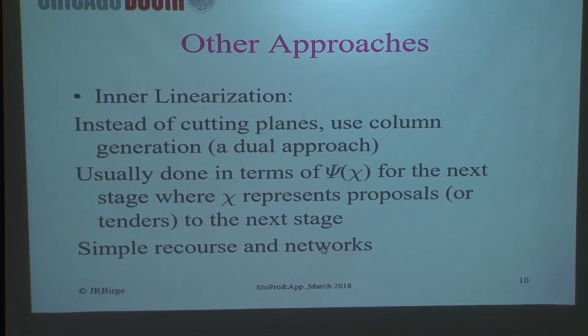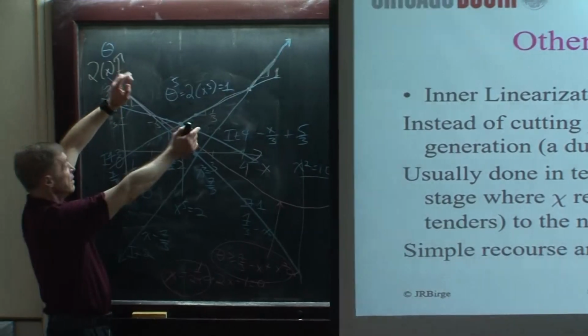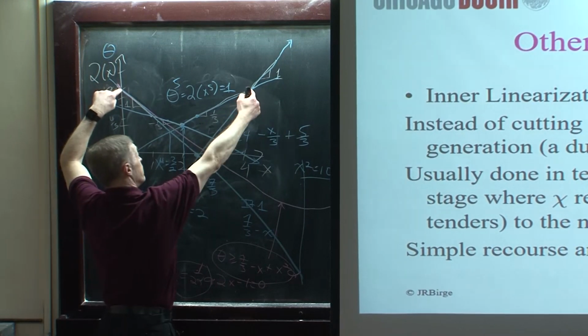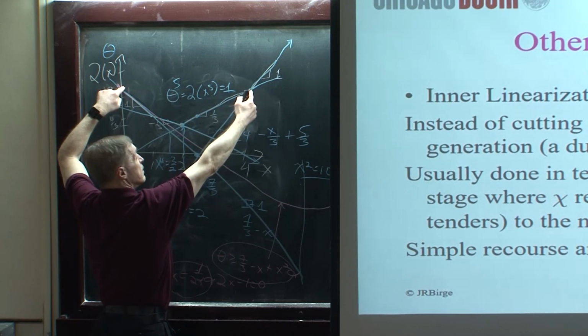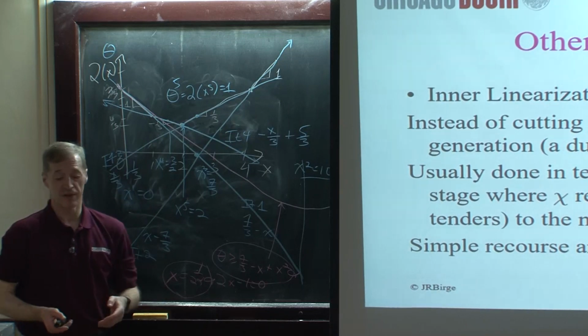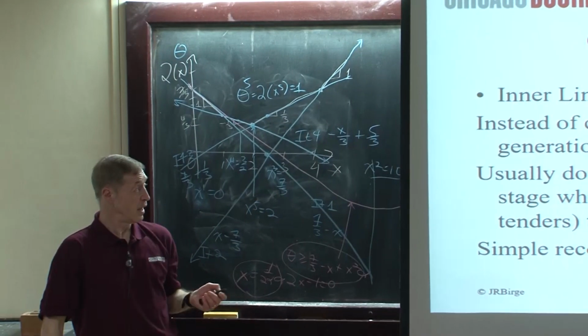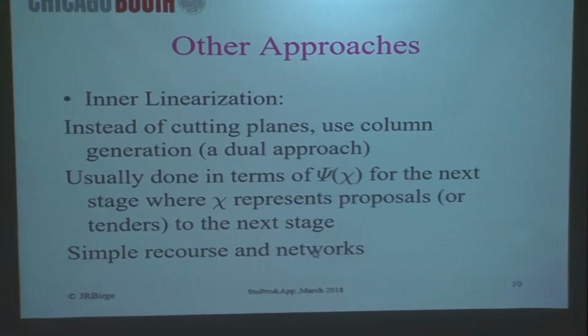I could do the opposite, and I could just start on the inside. I could just start here and say, okay, I'm just going to take combinations of this point and this point. And that will always be an upper bound. So you can do upper bounds as easily as you can lower bounds.